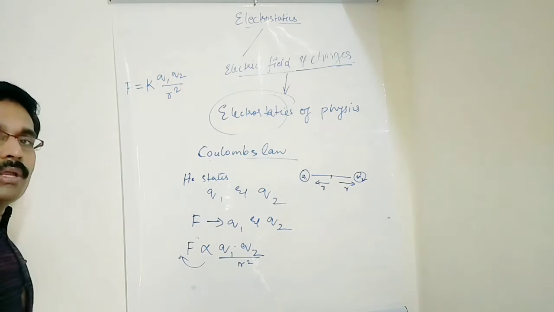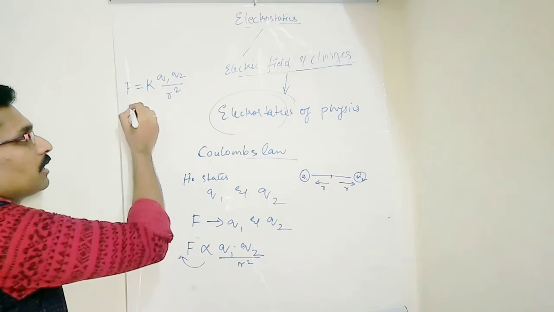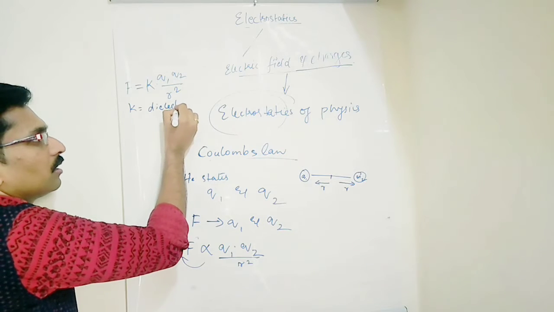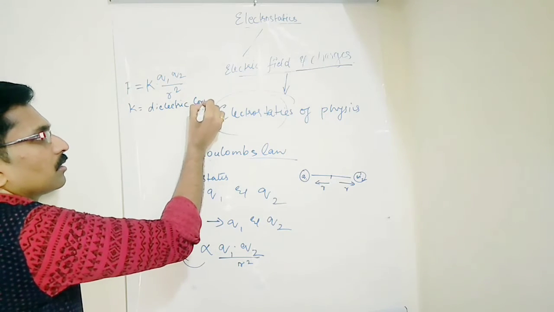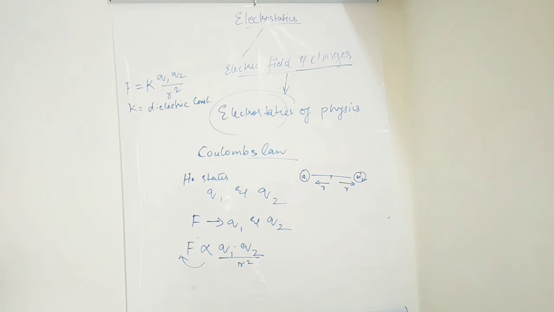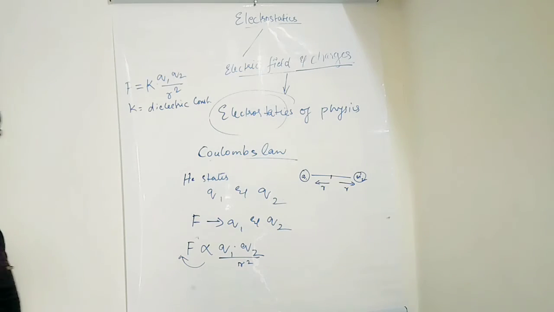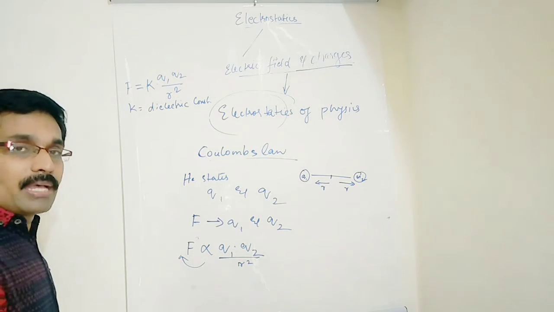K is the constant here, known as the dielectric constant, or the specific inductive capacity.